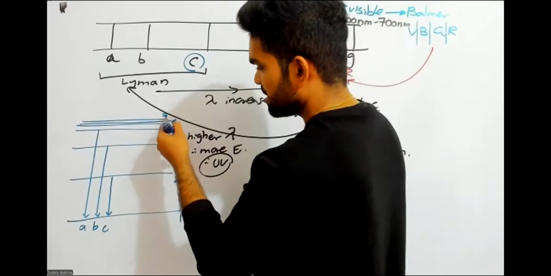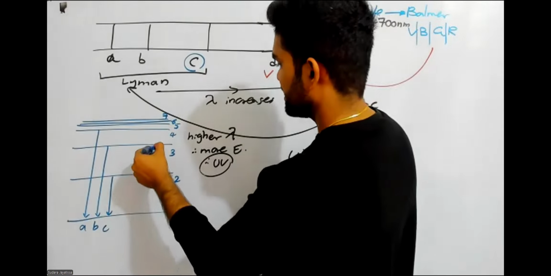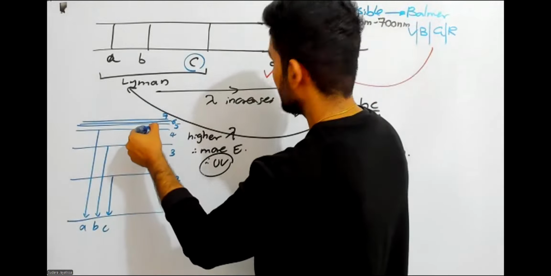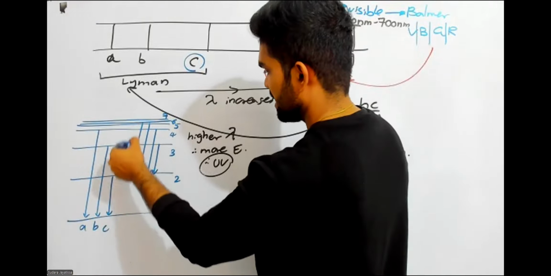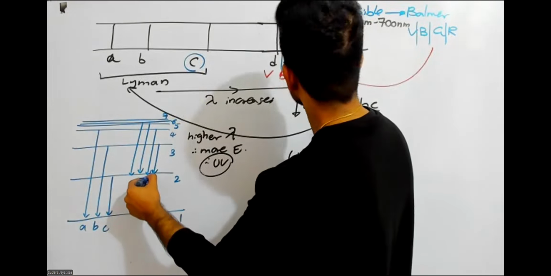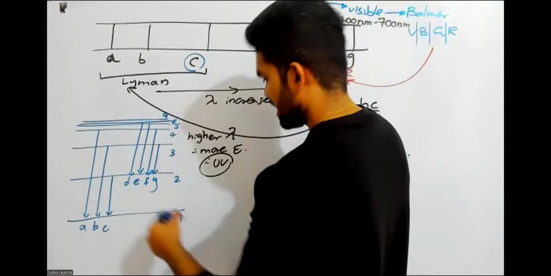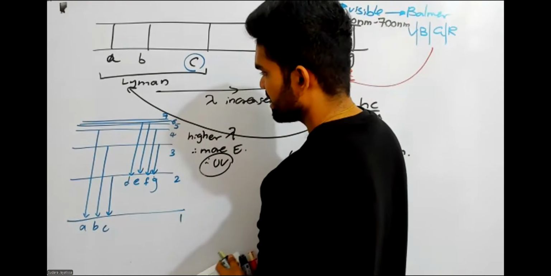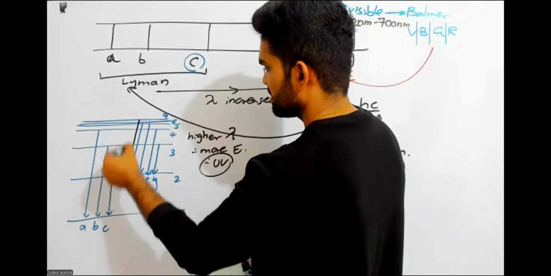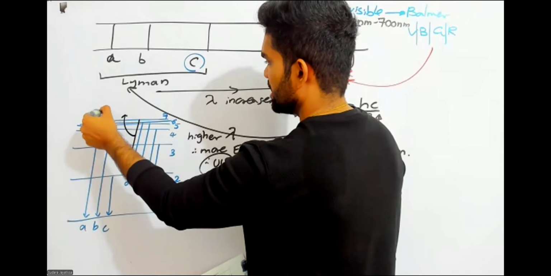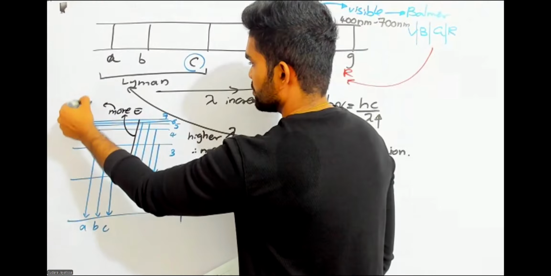And then think about the same thing in your Balmer series. G is the red color line, and then F, green color line, blue color line, and violet color line. D, E, F, G. And then you can draw another line, right? I draw the 7th energy level too. So this one is in the more energy, so it is in the UV region.